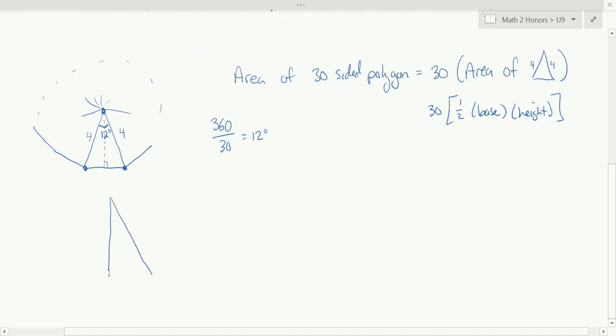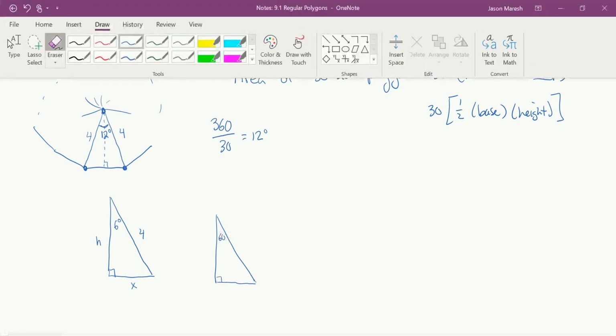I'm going to just enlarge that and put it right here. We'll zoom in on it. Here's 4. What will this angle at top be? 6. Cut that 12 in half. And we're after, let's call the height of the triangle h, and we'll also call this side x. We want to know both of those because they're both going to help us find the area of this isosceles triangle. What we did before is we drew a similar triangle, meaning all the angles are the same, but it's not 60, it's 6 degrees.